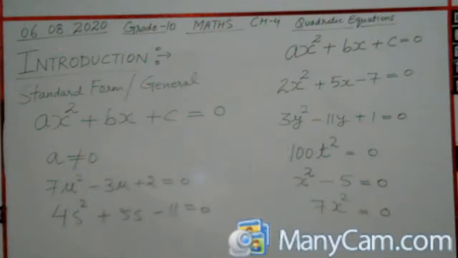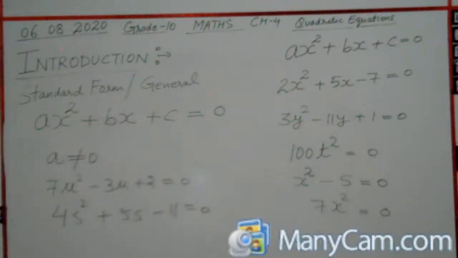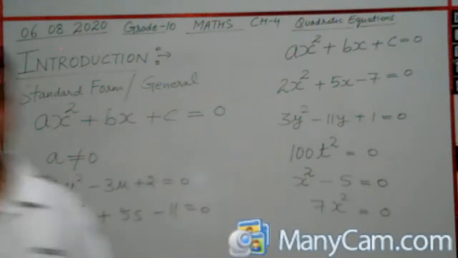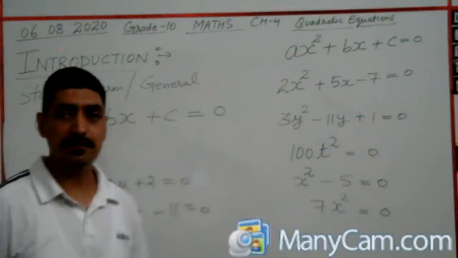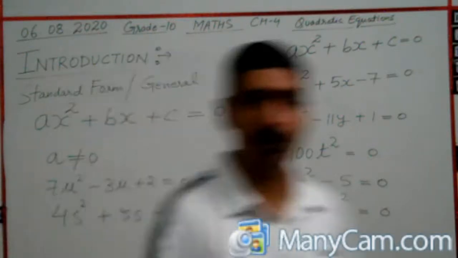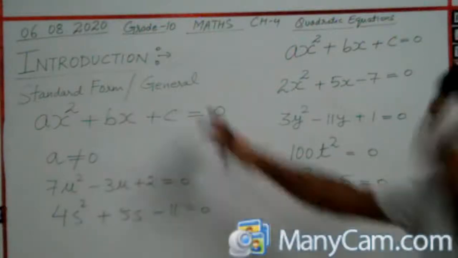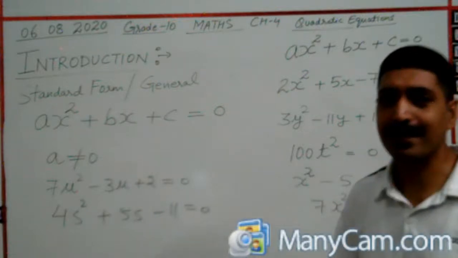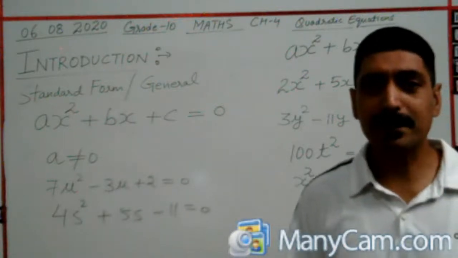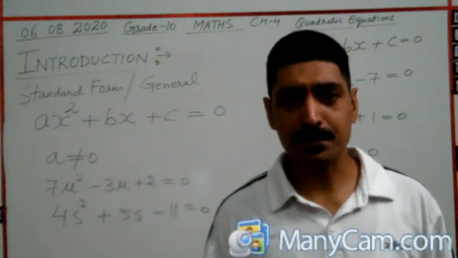The very first exercise is based on quadratic equations. We have written the quadratic equations in very different forms, and we have to tell whether the equations are quadratic or not, right? We have some examples, and the beginning example is based on an application.